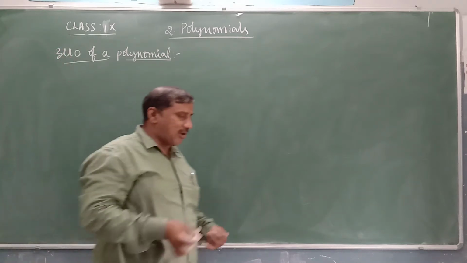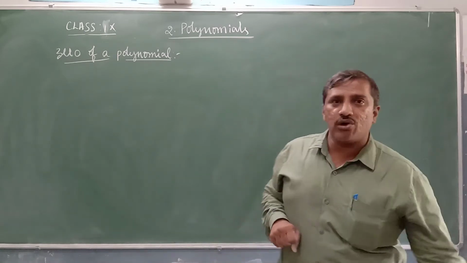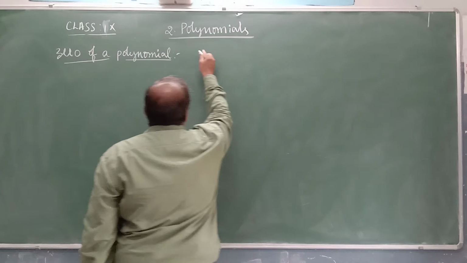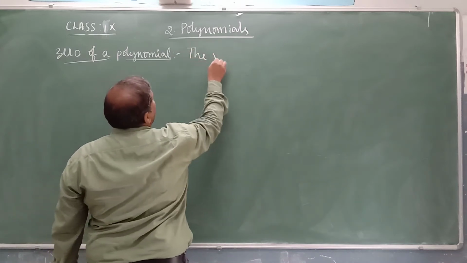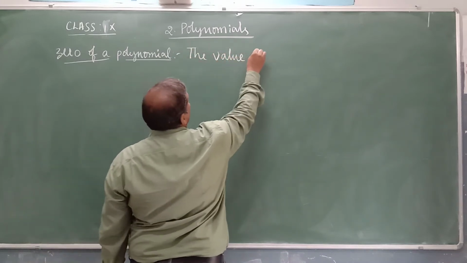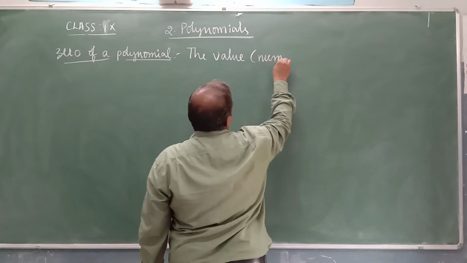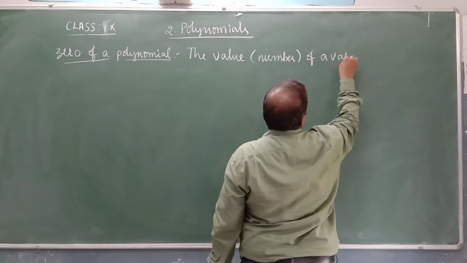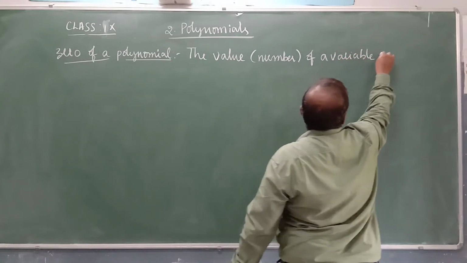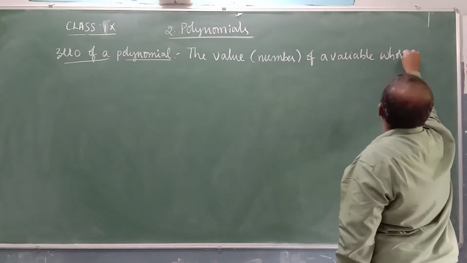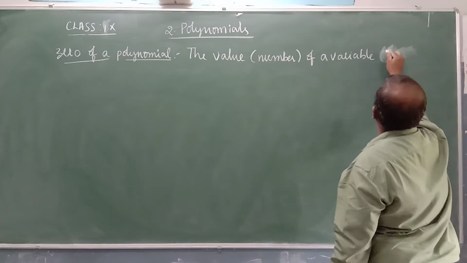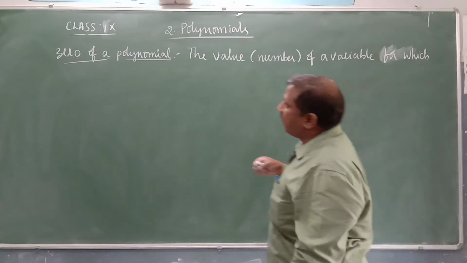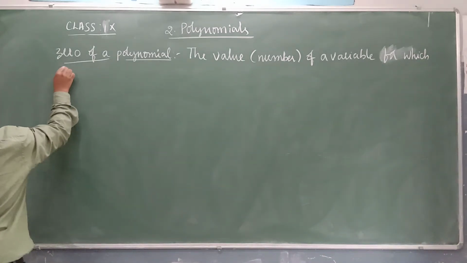What is a zero of a polynomial? We studied how to find the zero of a polynomial. So what is a zero of a polynomial? It is the value of a variable. The value means it is a number. The value of a variable for which the value of the polynomial is 0.